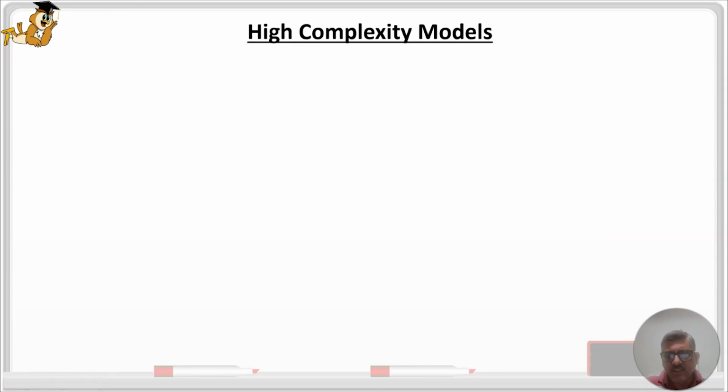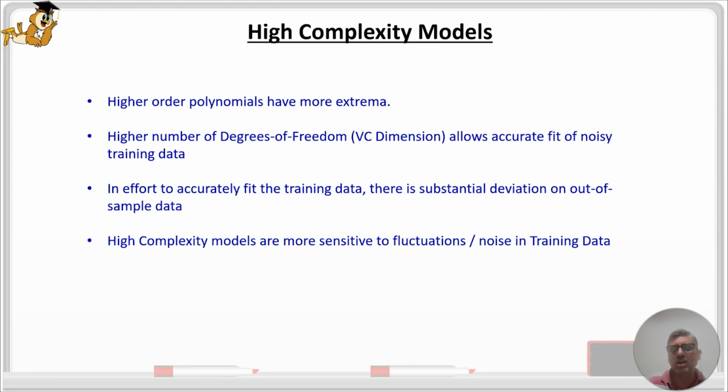Okay, so what is it about high complexity models? We have seen some examples. We asked a question, we saw some examples. What is it about high complexity models that gives rise to this behavior where the variance becomes very large and consequently E out becomes very large? Firstly, higher order polynomials have more extrema. This of course we know.